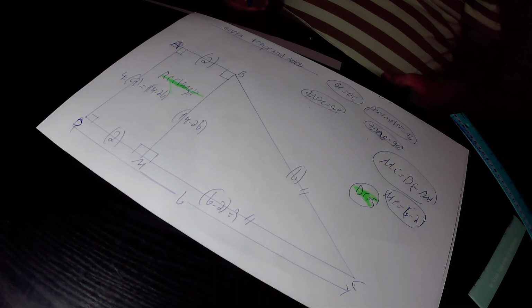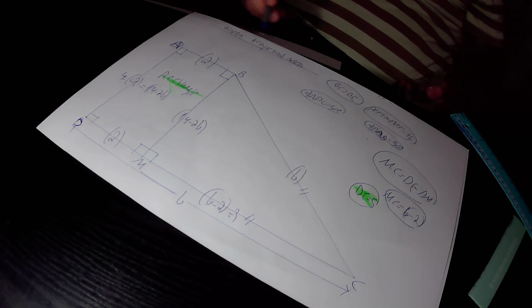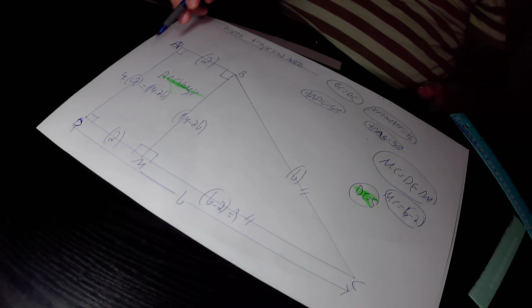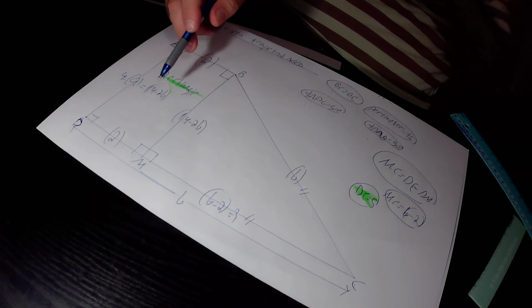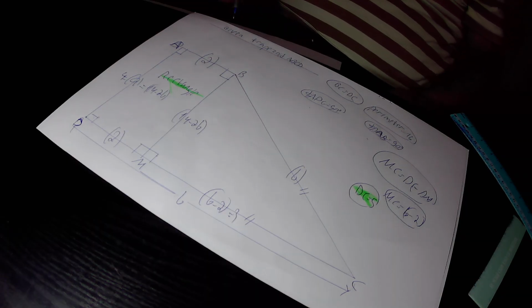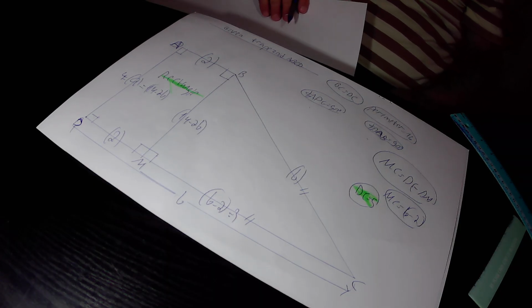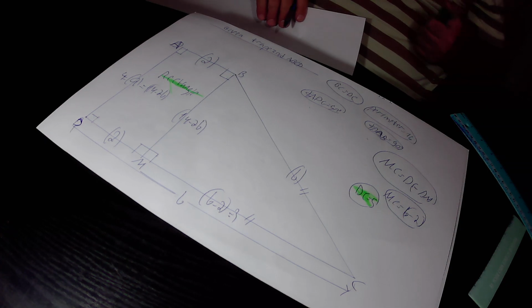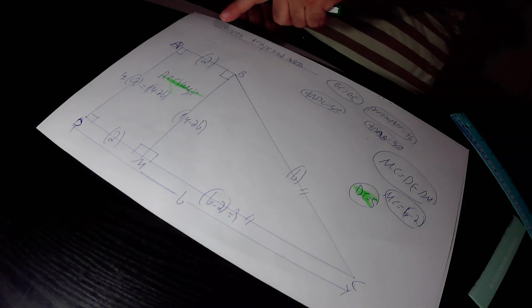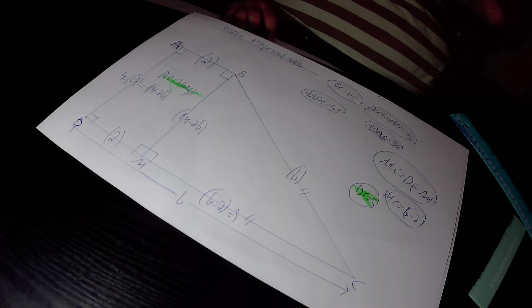So the sum of those 2 parallel bases is AD plus DC. AD is 2, DC in total is 2 plus 3, that is 5. AD plus DC is 2 plus 5, that is 7. Times the height, that is 4, divided by 2.